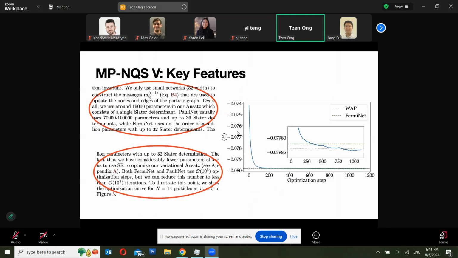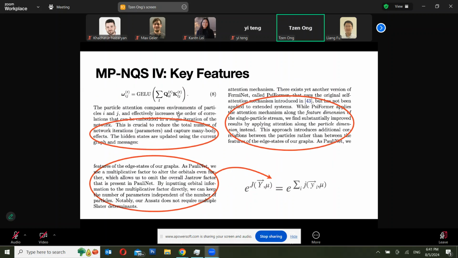Okay, so some of the key features of MP-NQS. Because WK and WQ do not depend on the particle index ij, you can reduce the number of network parameters. But I'm really surprised by that. I understand that the number of parameters is smaller, but that basically means your architecture has to be much more efficient, right?